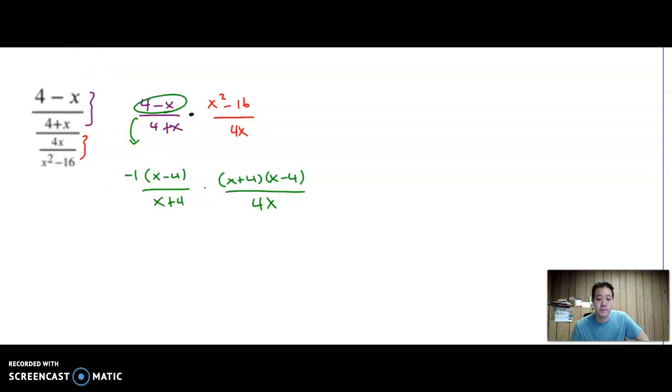And so since there are 2 x minus 4's, that's going to be negative x minus 4 squared over 4x. And our excluded values are going to be negative 4. That comes from this one here. And 0, which comes from 4x, right?